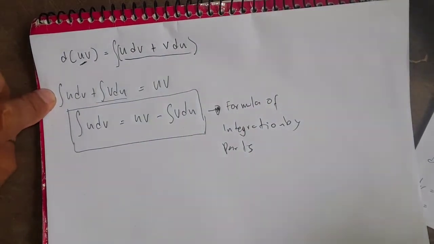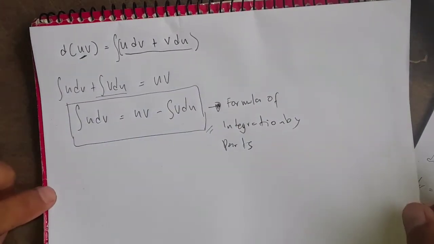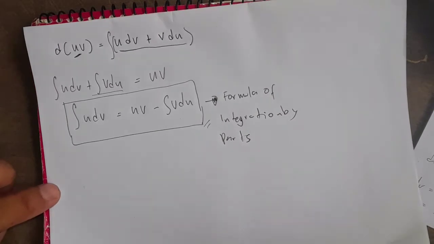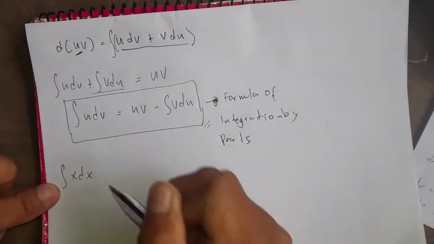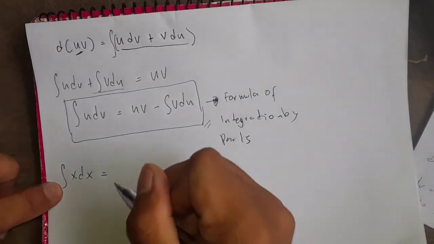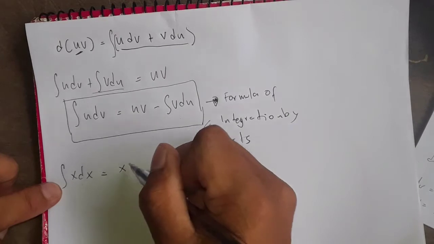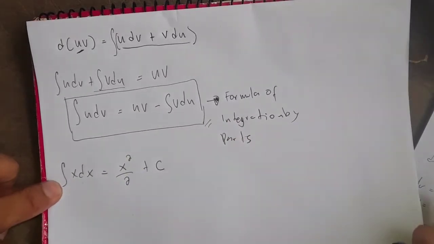So to prove that this formula is applicable in any function, if we're going to integrate the function x dx using the power formula of integration, it is equal to x squared over 2 plus an arbitrary constant.